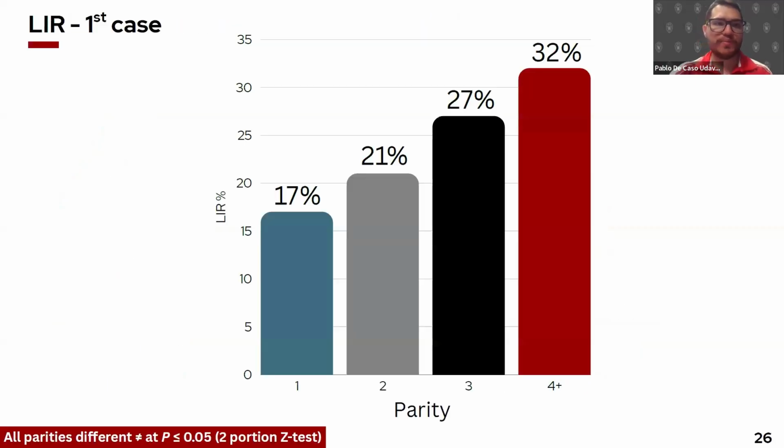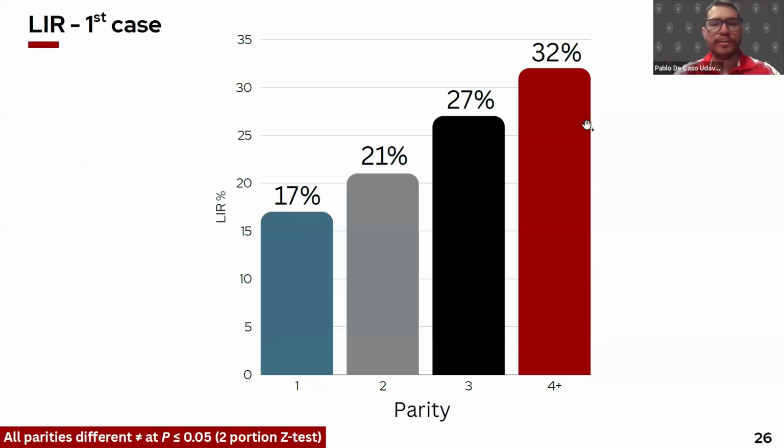So jumping specifically to the results of this objective, we can see very clearly that the incidence risk is going to be increasing by parity, and this is the lactational incidence risk for the first case of clinical mastitis.